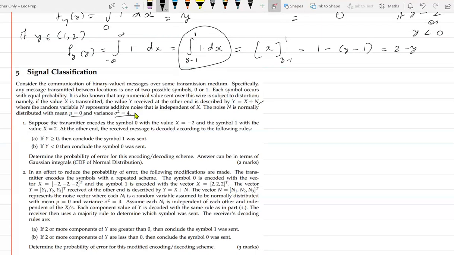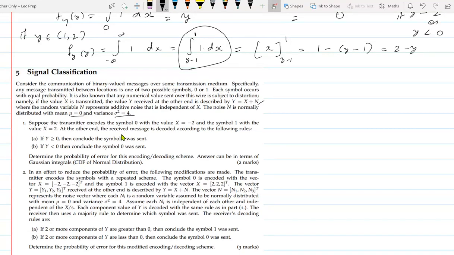Suppose I want to communicate a binary message to you, but I will encode the binary message as a real number, because the channel allows only real numbers to be sent. Whenever I want to say 0, I will send the value -2 to the channel.